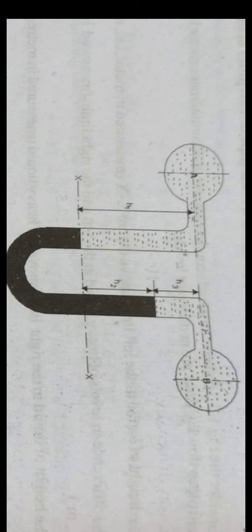Since both pipe A and pipe B are at the same line, you can see that H1 is equal to H2 plus H3. Bear that in mind when we go for the derivation. Once again, I can explain.